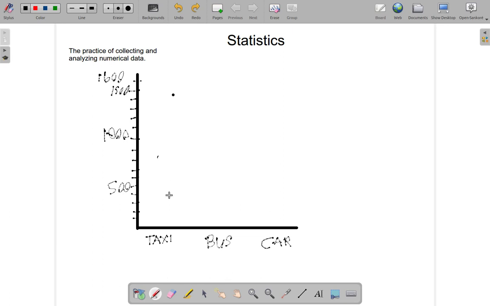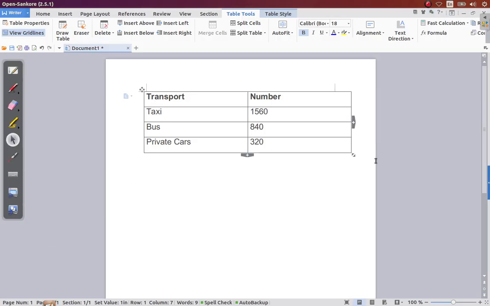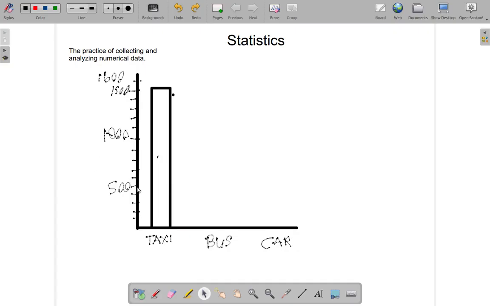Now, going up, remember the category for taxi went all the way up to 1560. So I'm going to draw a bar a little past 1500, going across and going down. Nice. Then the numbers for bus went up to 840. 840 is close to midway between here.